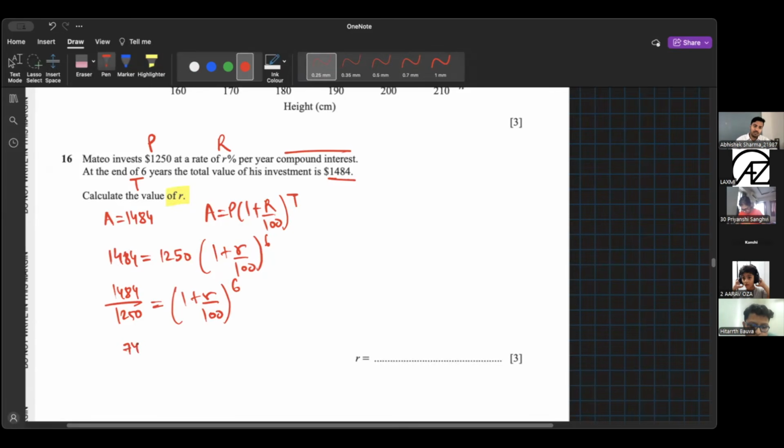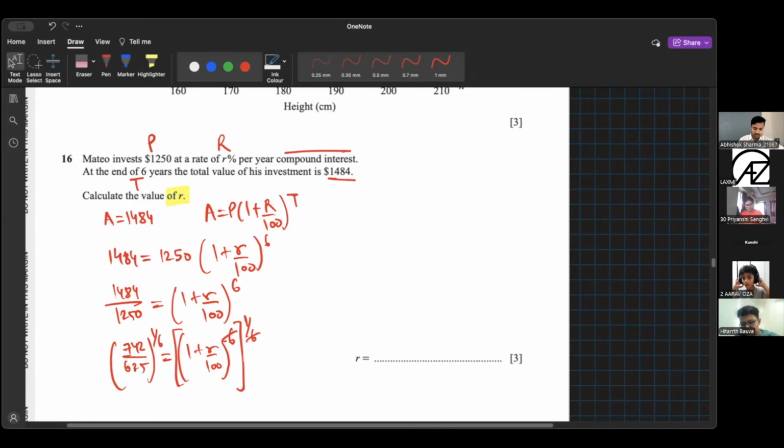Don't convert it into decimals. 742 divided by 625 equals (1 plus r upon 100) raised to 6. To reduce this, I will take the power 1 upon 6, or the 6th root, on both sides, right? Yeah. So this will cancel out. I'll directly do power 1 over 6.